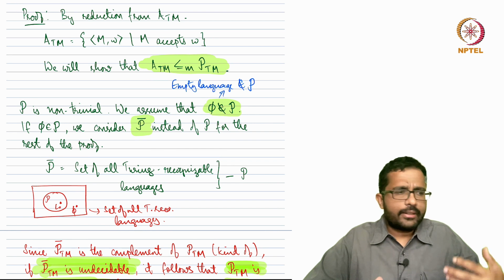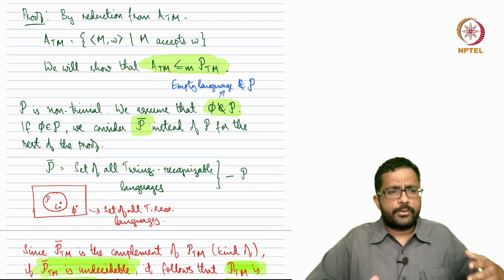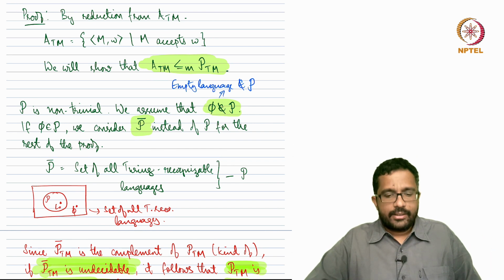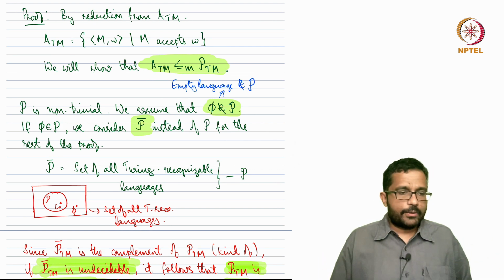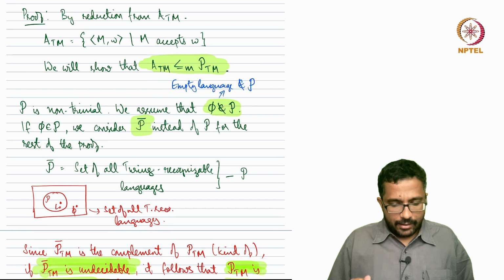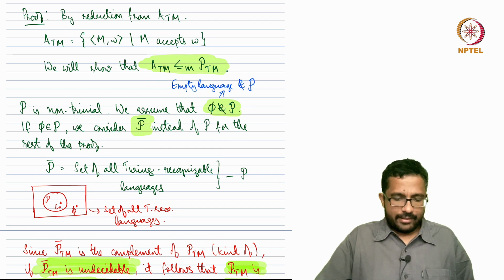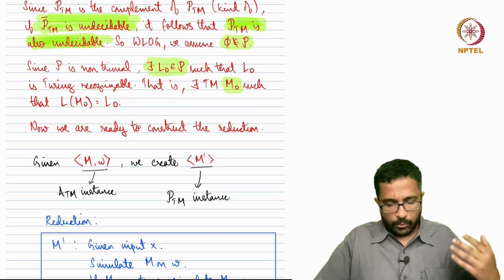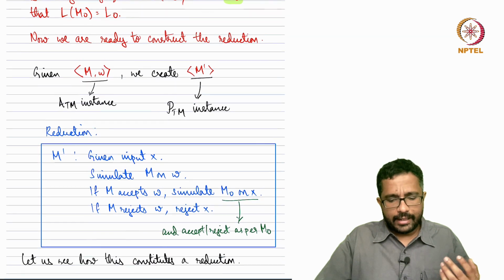And you can apply any sort of non-trivial property to it. So considering how broadly applicable this theorem is, the proof is actually not that hard. When you consider what we are getting out of this proof, it's not that complex.